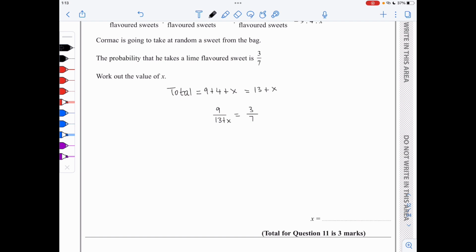I will cross multiply. 9 times 7 is 63, and this is equal to 3 times 13 plus x, so 63 is 39 plus 3x. 63 minus 39 is equal to 3x. Now 63 minus 39 is 24, which is 3x, and therefore x is 8.